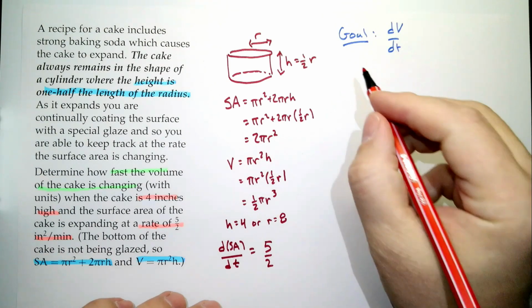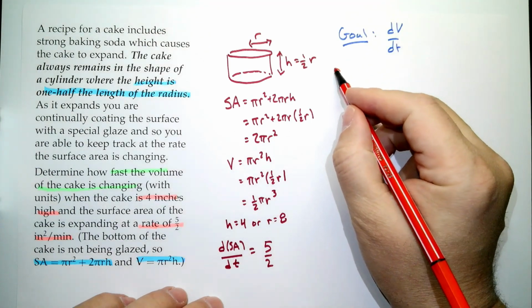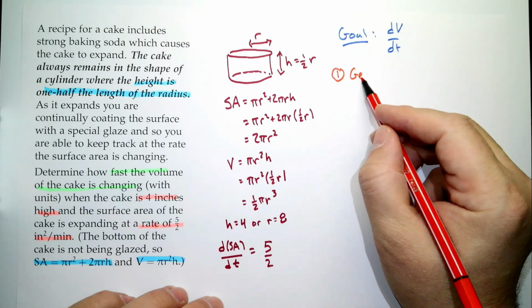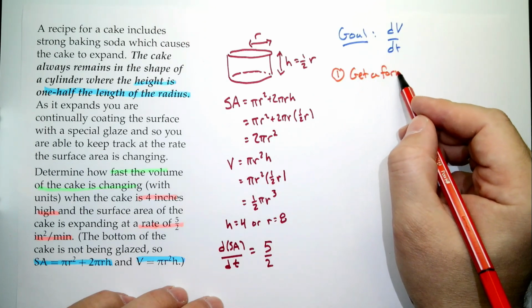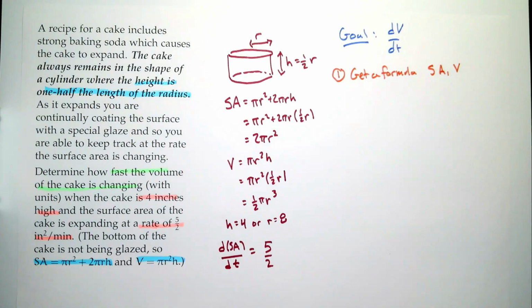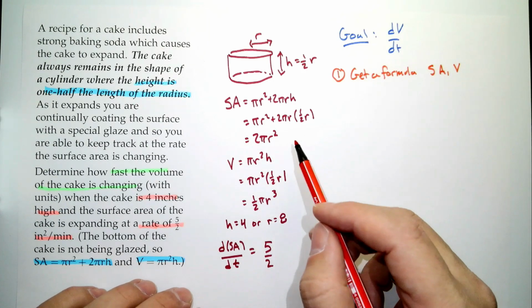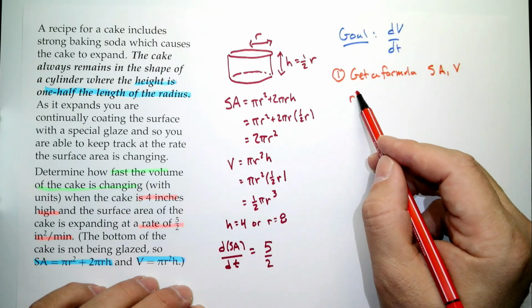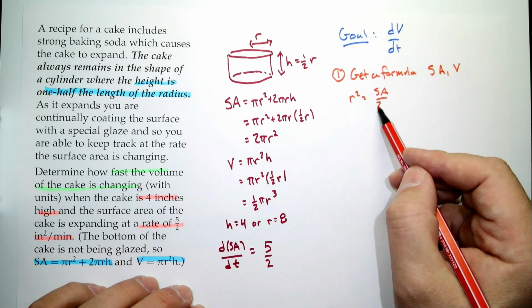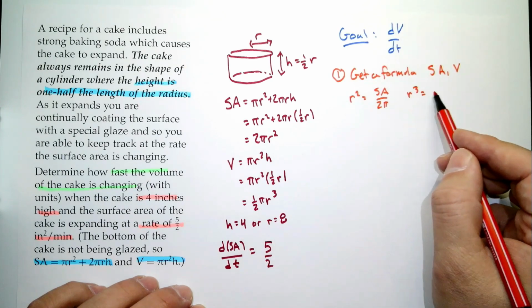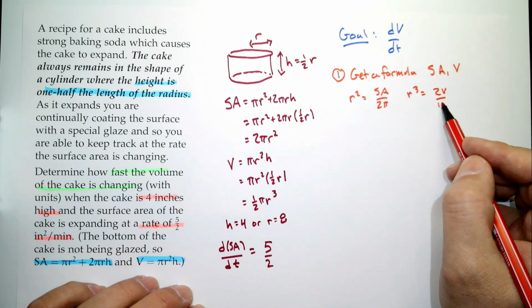So the first road, which is not the preferred road, but we might as well point it out, is to get a formula that involves both surface area and V for volume. So in other words, we want to get a single formula that relates surface area and volume together. If we look at these things, for instance, r squared is surface area over 2 pi, and r cubed is equal to twice the volume over pi.